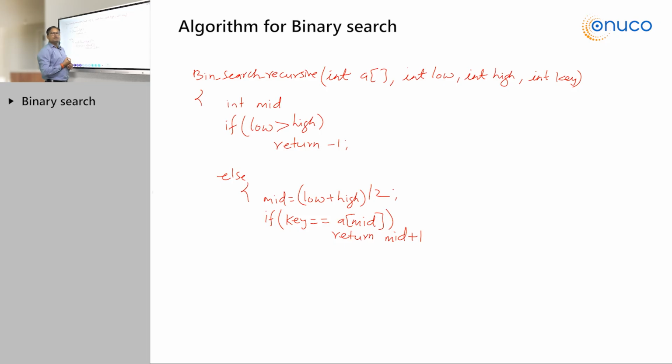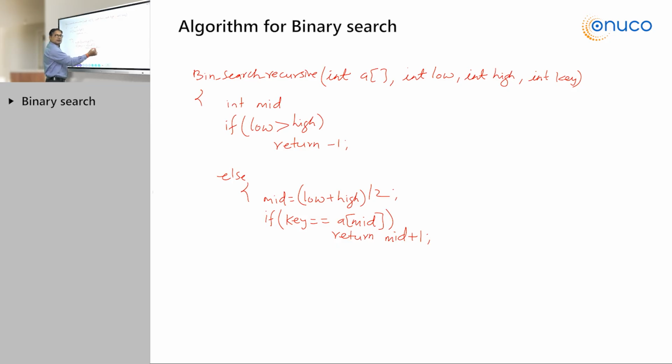Why return mid plus 1, friend? Because mid is an index, which starts from 0, and the real life position is index plus 1. Or you can even write return mid, but keep in mind that the index starts from 0, hence the array index is lesser than the real life position.